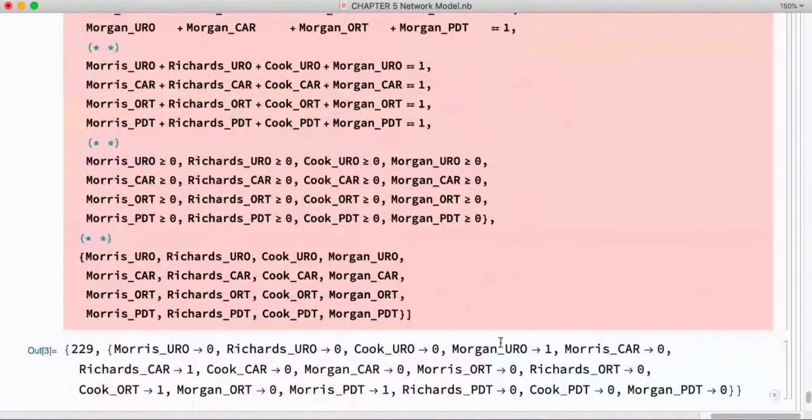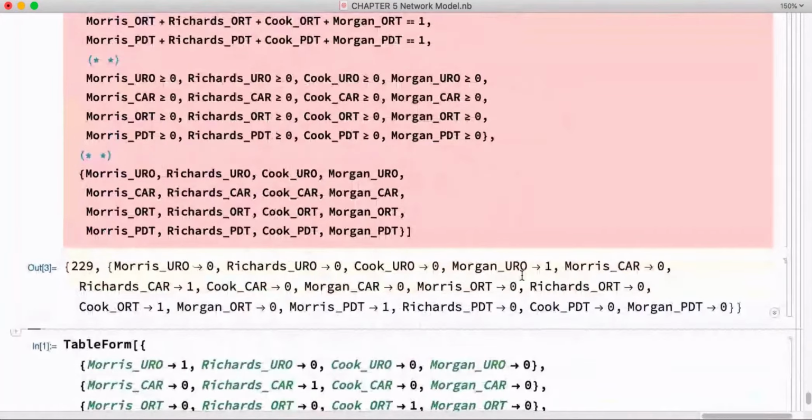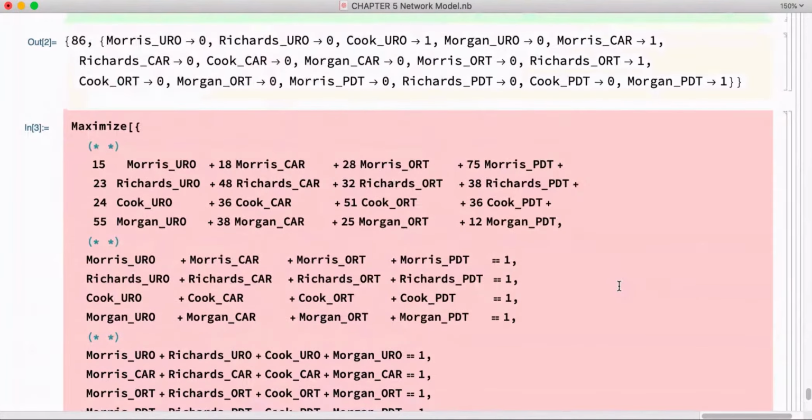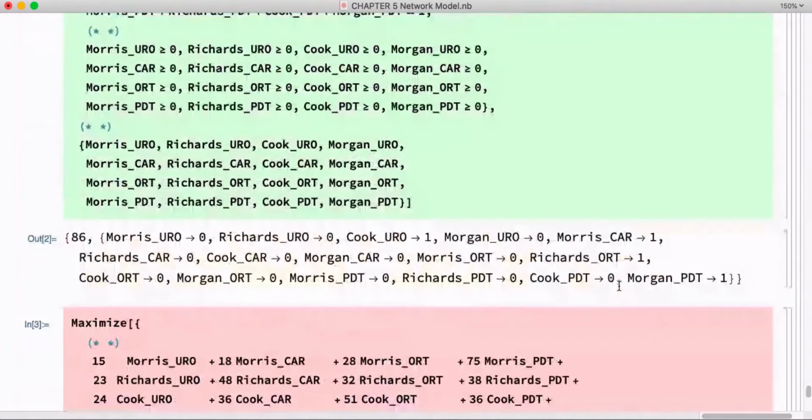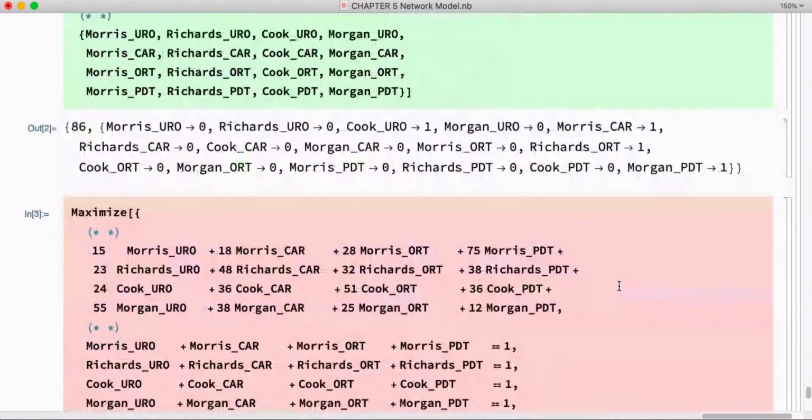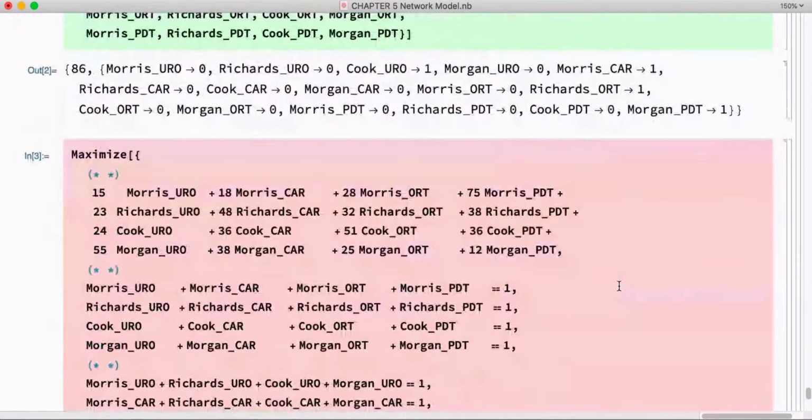The maximum problem gives me a different solution. And if I take these 2 different solutions, I want to see one versus the other and where everyone goes. One is the best case, the other is the worst case.